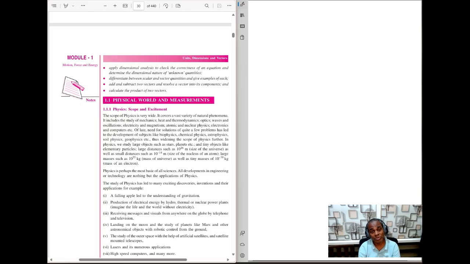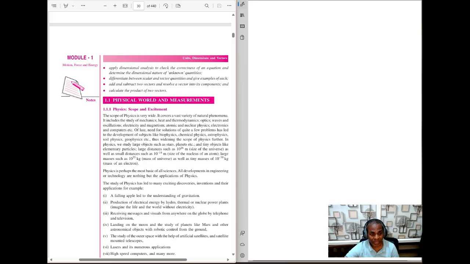We can also think about radioactivity and nuclear physics, both nuclear fission and nuclear fusion. We can think of electricity and magnetism. We can think of computers, electronics, communication devices, electromagnetic waves, and other modes of communication. So, as you can see, the scope of physics is very, very wide.